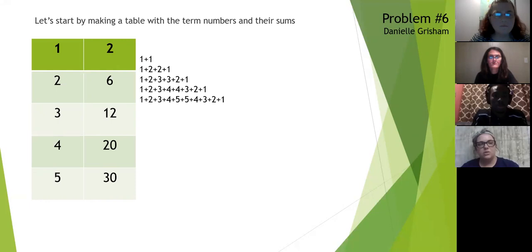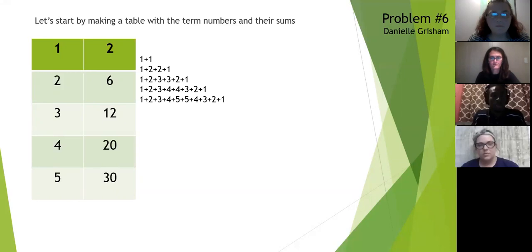And then for the second one, 2 is added twice. So it's going to be 1 plus 2 plus 2 plus 1. And the sum of the numbers is 6. And then 1 plus 2 plus 3 plus 3 plus 2 plus 1. Your sum of the numbers is 12, and then you'll go on, and so on.